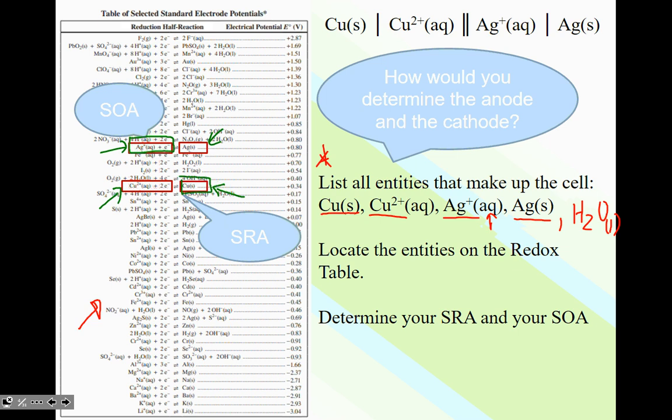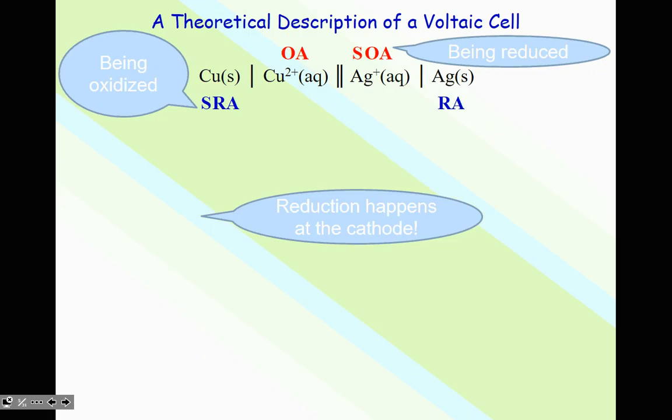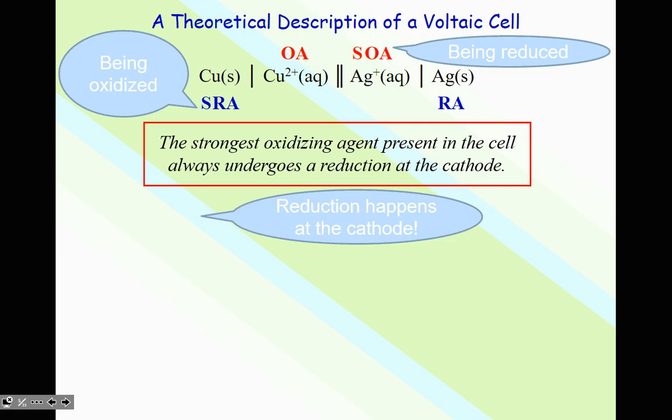Then you can write each half reaction. The strongest oxidizing agent present in the cell always undergoes a reduction at the cathode, and the strongest reducing agent is what's being oxidized.